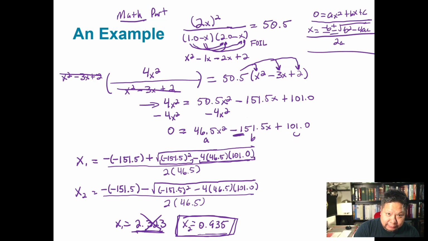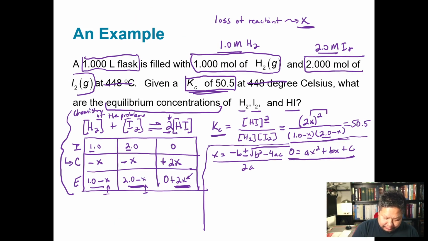So back to the chemistry part, all right? We know that the equilibrium concentration for H2, let's do H2 first, equals 1.0 minus x.